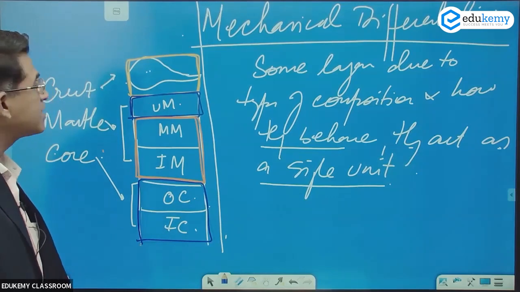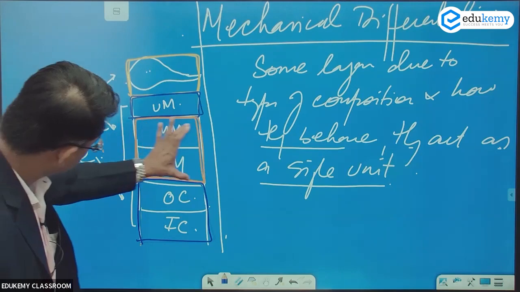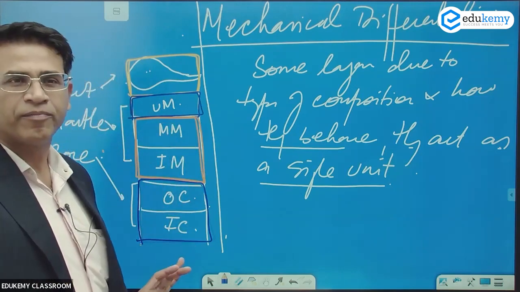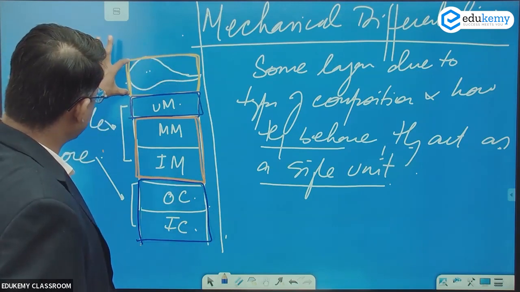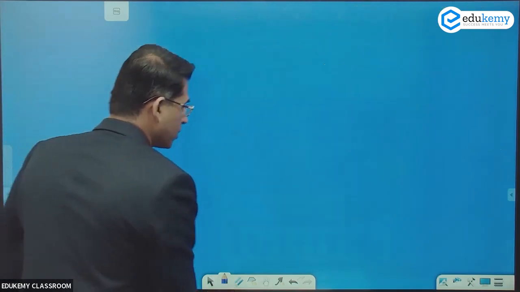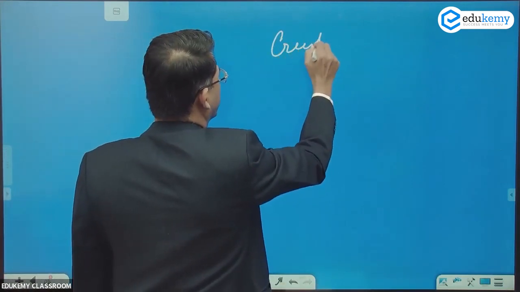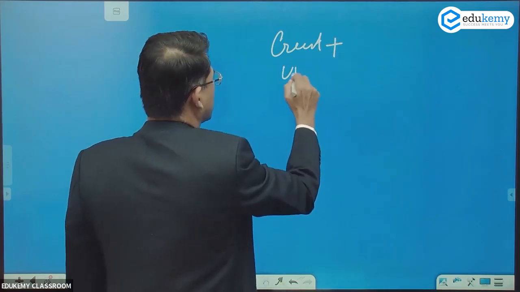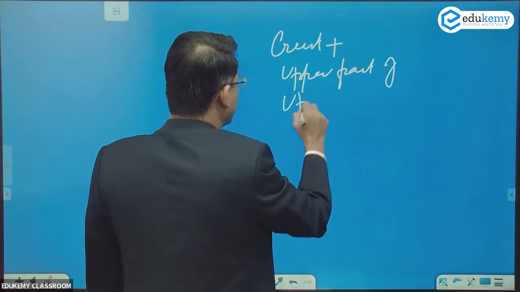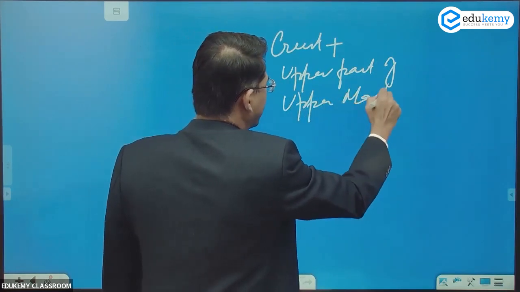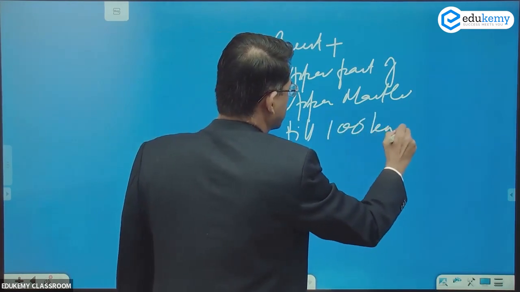So how many layers does the earth have now? This is the 1st layer, 2nd layer, 3rd layer, and the 4th layer. Okay? This first layer is called the lithosphere. What we have is the crust plus the upper part of the upper mantle till 100 kilometers.